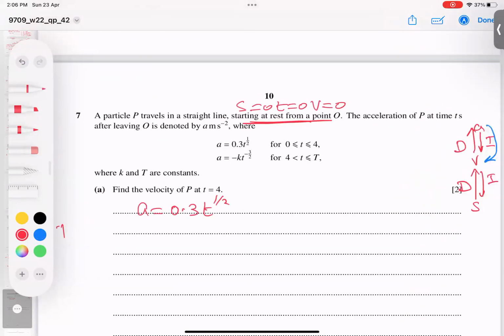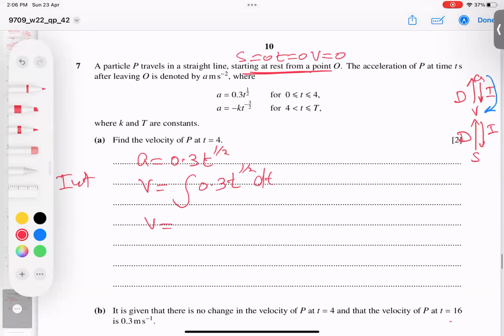So integrating both sides, I get velocity is the integral of 0.3 t to the power half dt. Increase the power by 1, I get 3 by 2, over 3 by 2, plus c. If you type this in the calculator, it flips, so it becomes 0.2 t to the power 3 by 2 plus c.